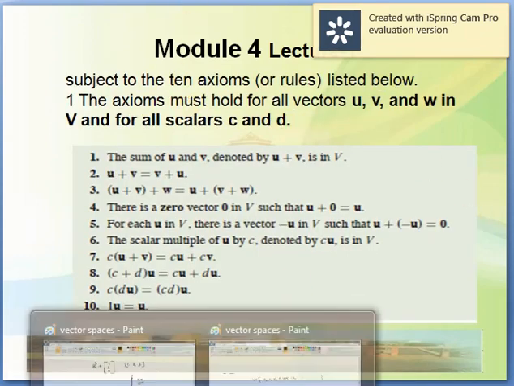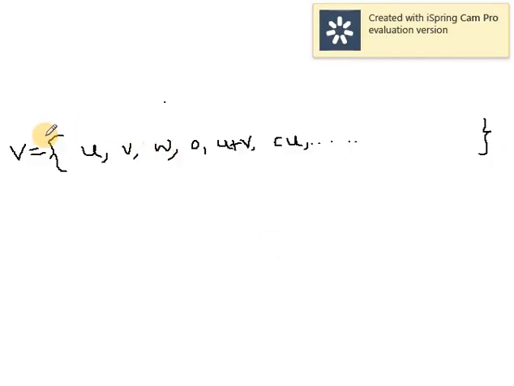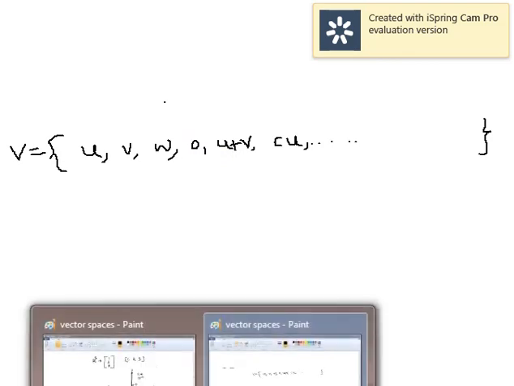a vector space is usually represented as V, containing vectors. Let's say it has vectors u, v, w, etc. To satisfy the additive and multiplication properties, it should have certain properties.